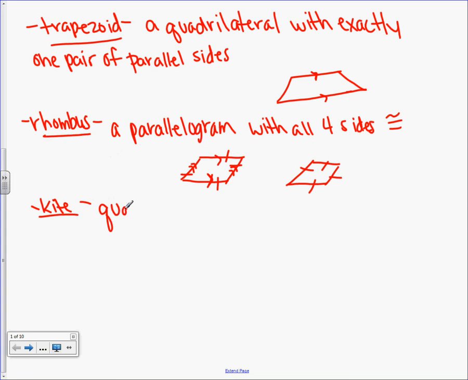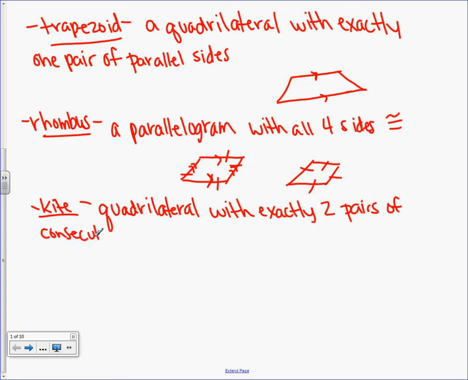All right, a kite is a quadrilateral. You have to know what a kite is to make one, right? Because if you don't make it correctly, then it probably won't fly, I would guess. A quadrilateral with exactly two pairs of consecutive congruent sides.